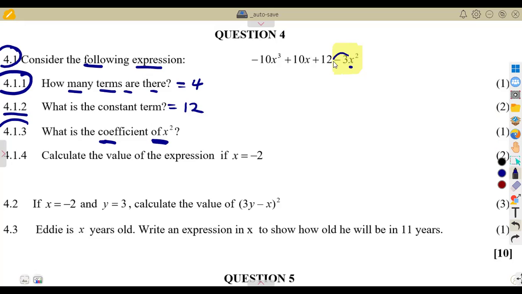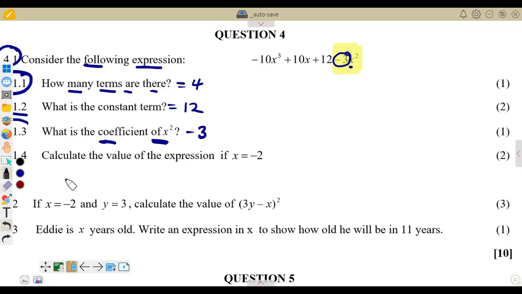The number multiplying x squared is minus 3. So that is the coefficient, the number multiplying x squared. If it was the coefficient of x cubed, the number multiplying x to the exponent of 3 is minus 10. So in this case, you focus on x squared.